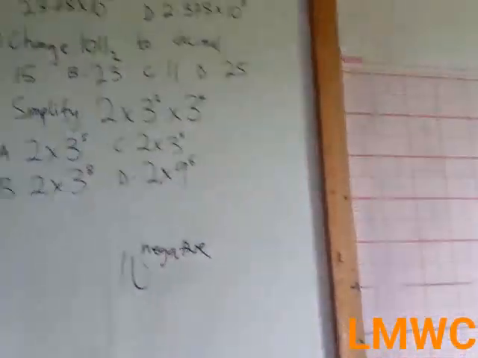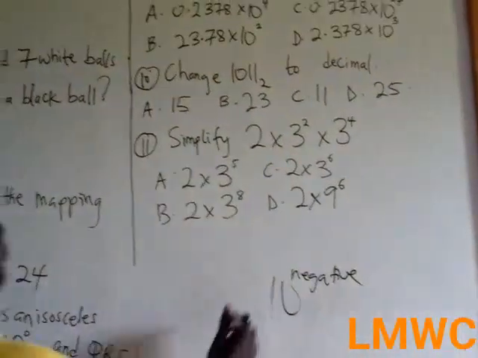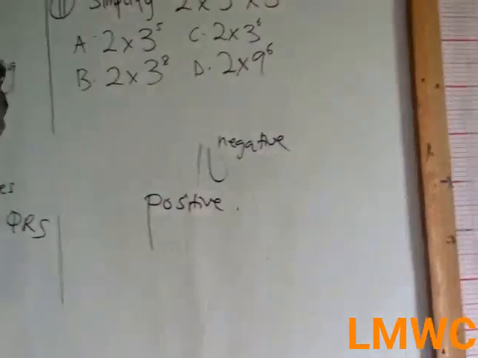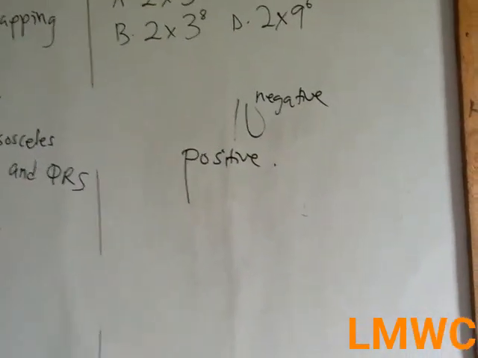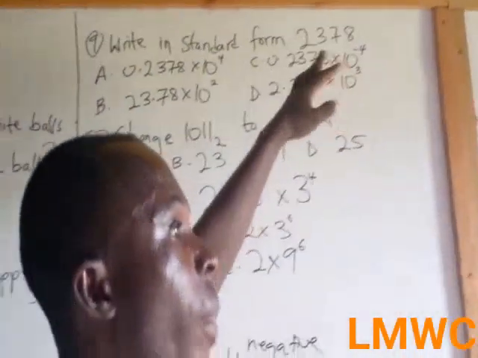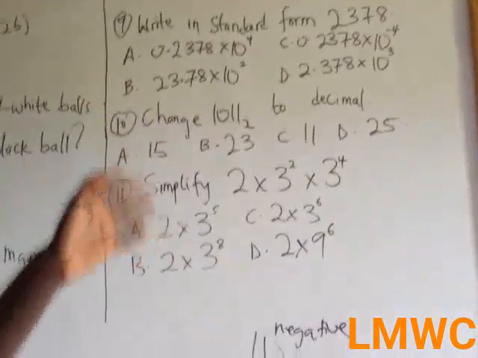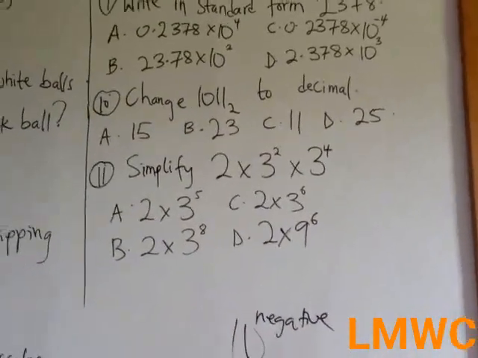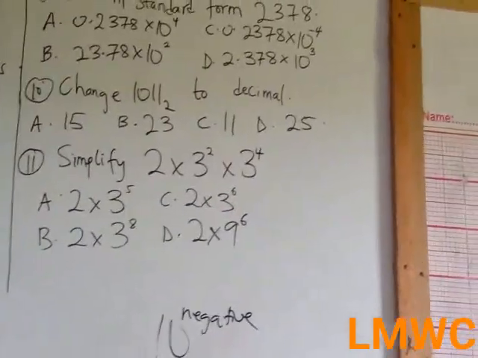But once we count the decimal place to the left, our power is positive. Take note. And always for standard form, the point is between the first and the second number, but it should be after the non-zero digits. Take note. It should be after the non-zero digits.